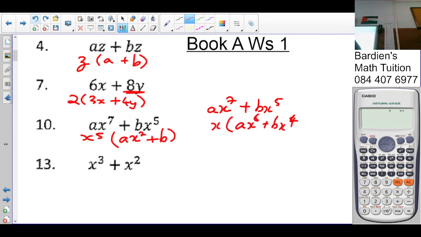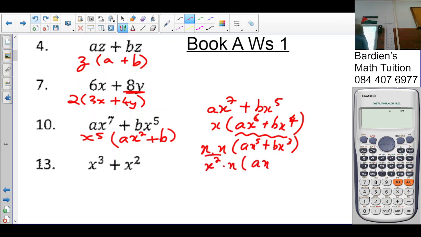But what do you notice inside this bracket now? You can still take out x. So it becomes x times x that you're taking out. But you say, hang on, there's another x here. So that is x squared times the x that's coming out, ax4 plus bx squared.